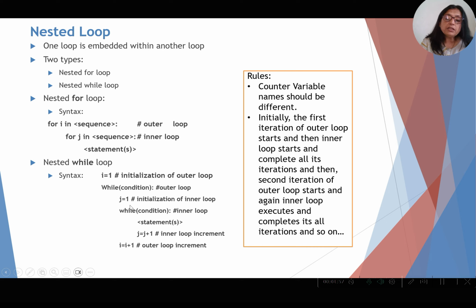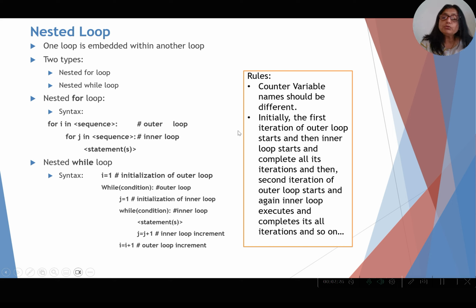After that, inside the outer loop, we have the initialization of the inner loop, then the while condition of the inner loop, then the statements to be executed within the inner loop, then the increment step for the inner loop. Outside of the inner loop we increase the outer loop counter. That's about our nested while, and here is nested for.